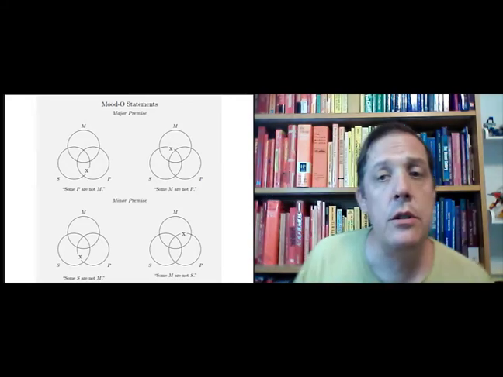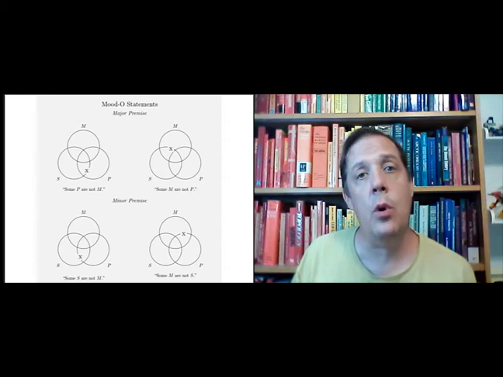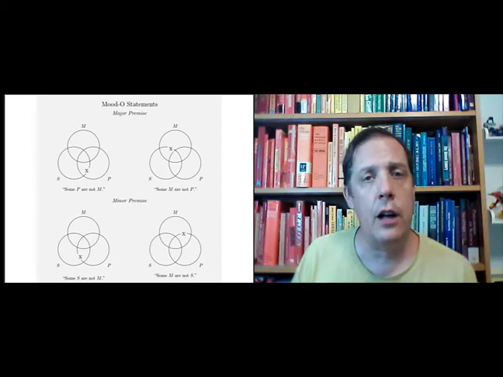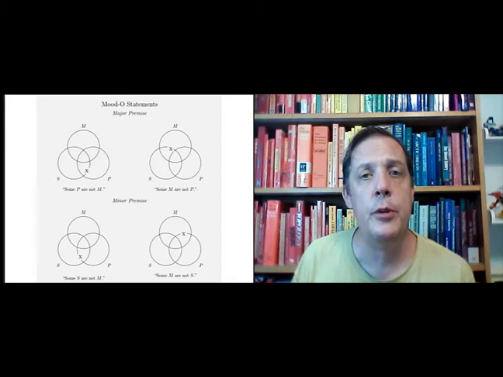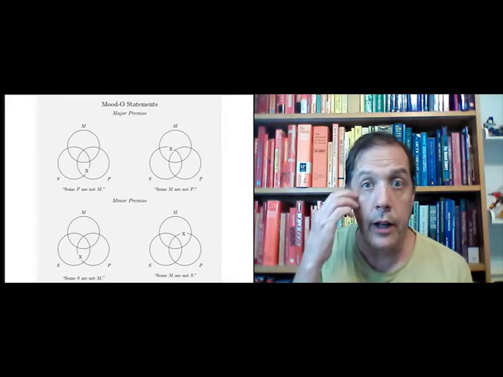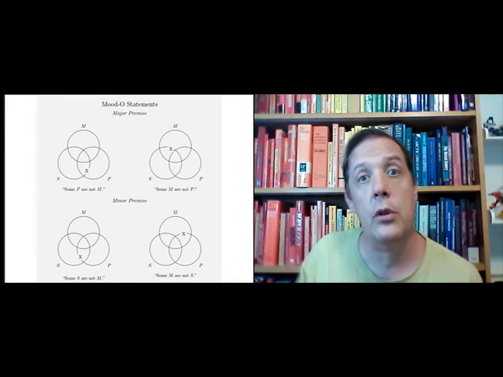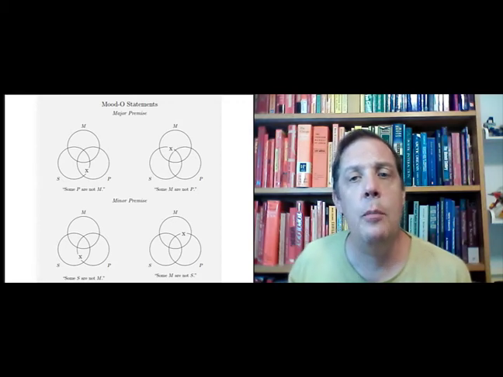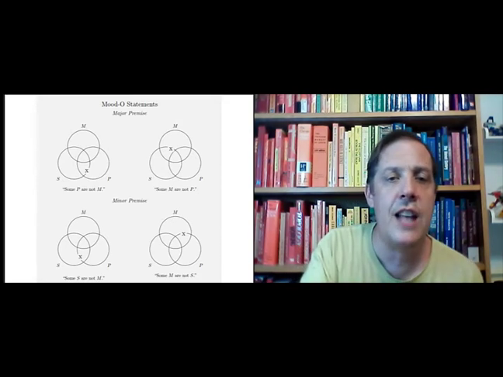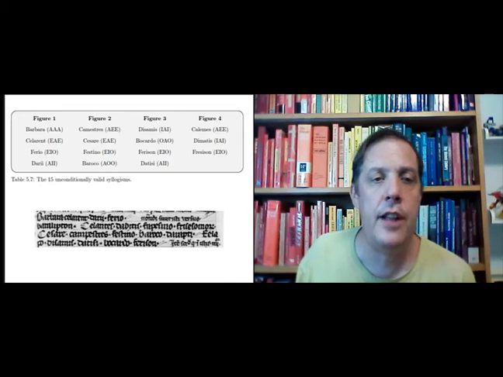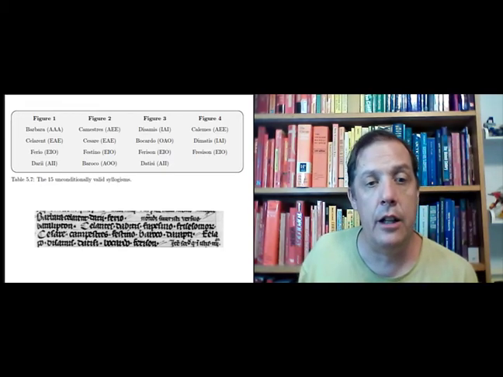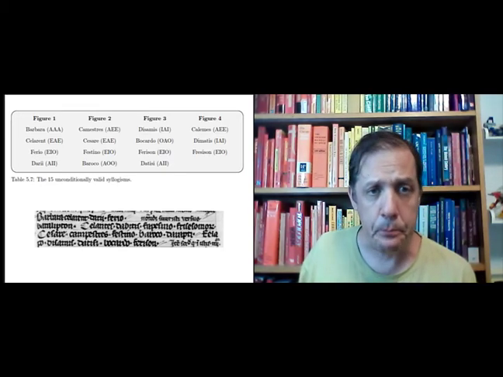So that's how you do the Venn diagrams for categorical syllogisms. And as we said before, there are in fact 256 possible categorical syllogisms. And as it turns out, exactly 15 of them are valid. No more, no less.